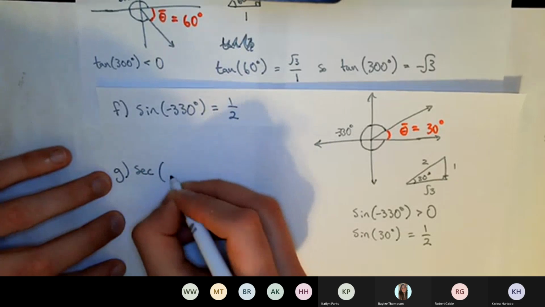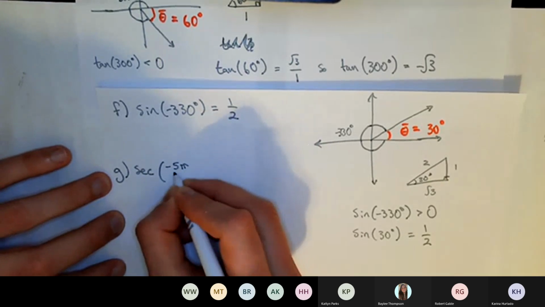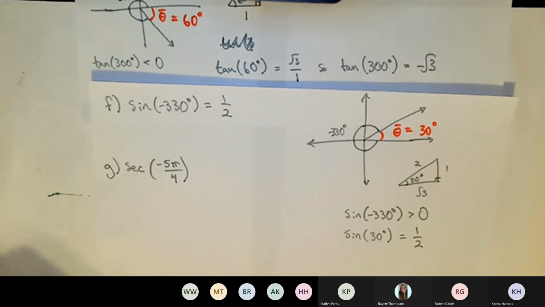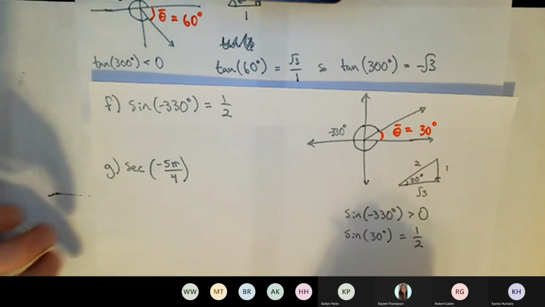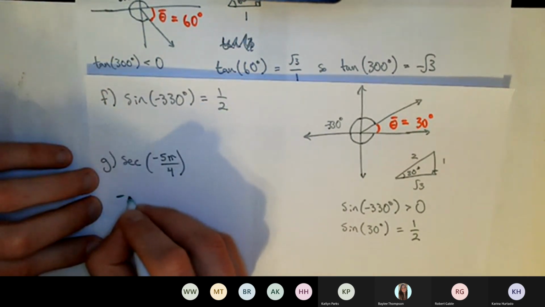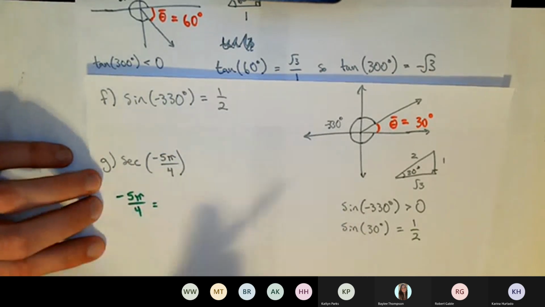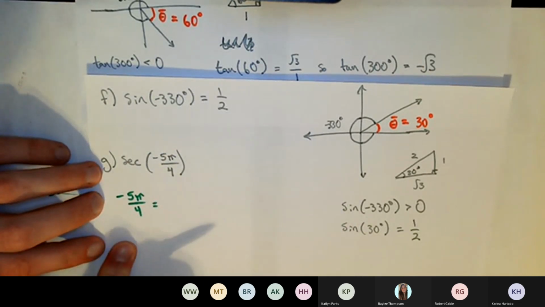G is secant of -5 pi over 4. Maybe we should quickly note, if we're not comfortable with these radian measurements, that I know pi over 4 is a 45-degree angle.